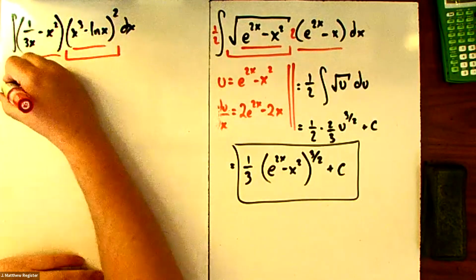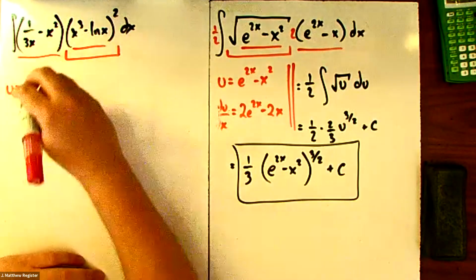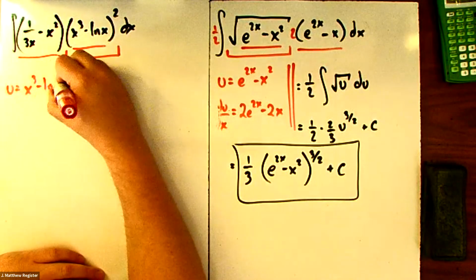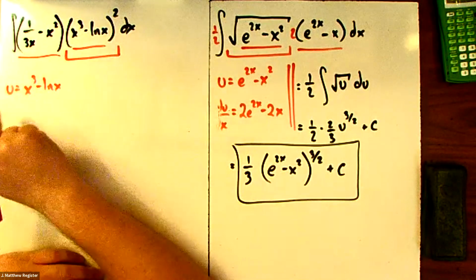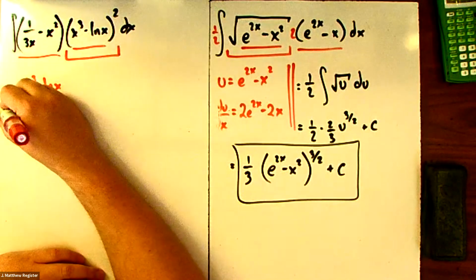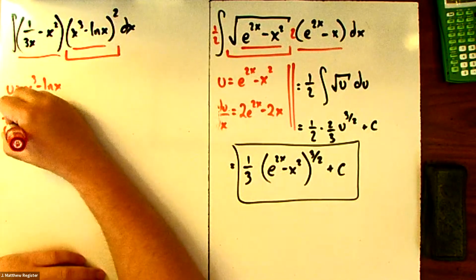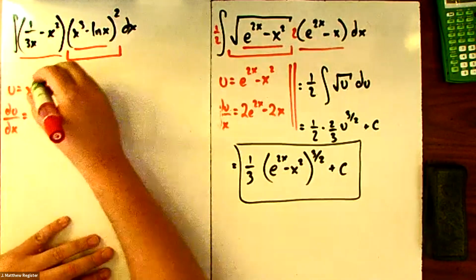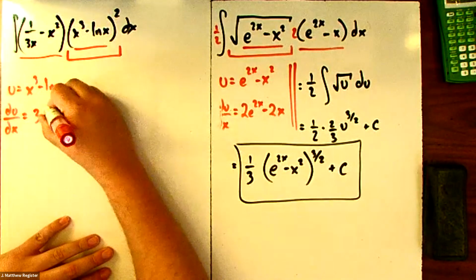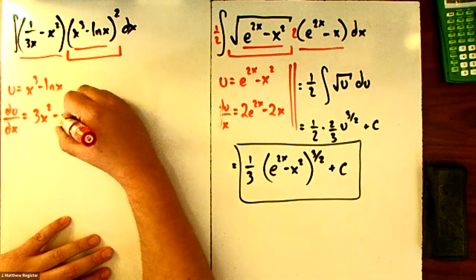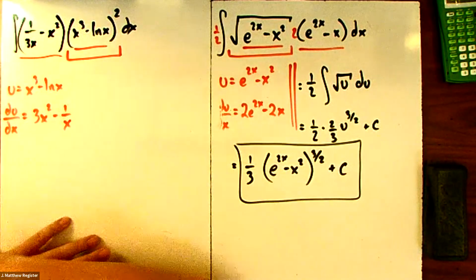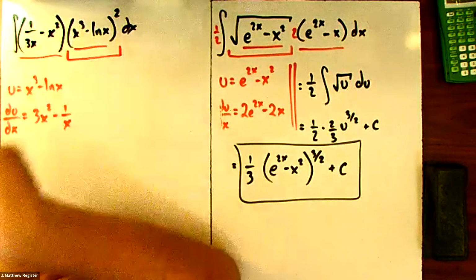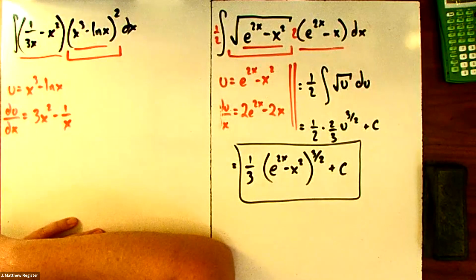And so we might try our u to be the interior function, x cubed minus natural log of x. The derivative of that, du dx, is going to be equal to 3x squared minus 1 over x.